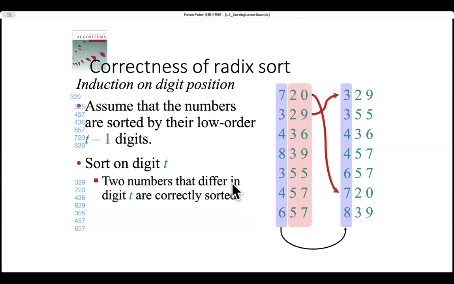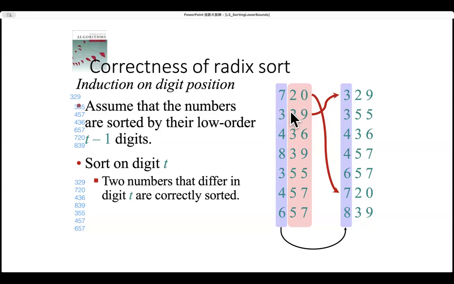If two numbers have different digit t, then obviously the smaller one will go in the front, right? For example, 720 will appear behind 329. That's correct, right?